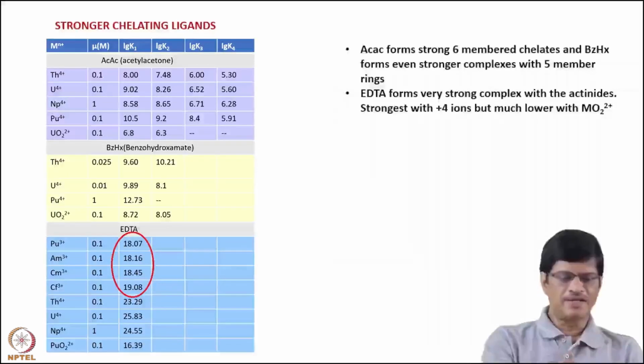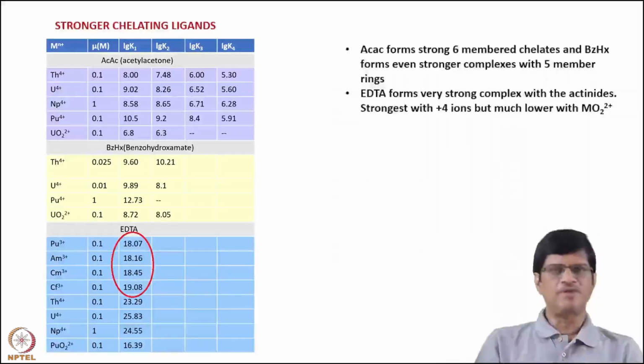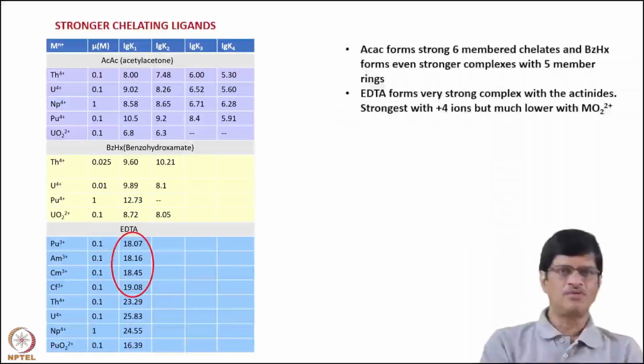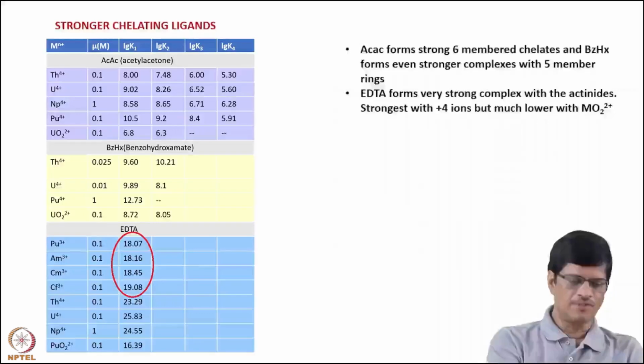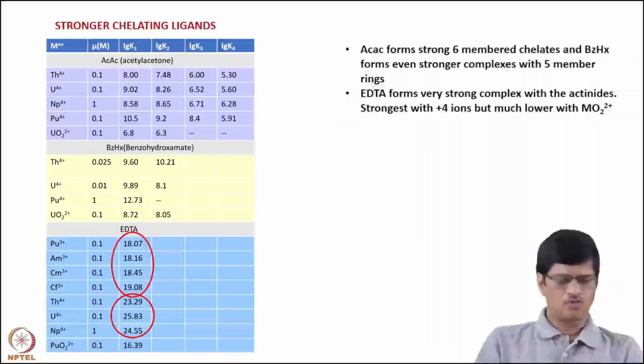Now we find a slight increase in the stability constant values with the ionic potential, that is, with increasing Z of the actinide ion. For the tetravalent actinide ions, the value is around 23 to 25, as seen here for thorium 4+, uranium 4+, and neptunium 4+.